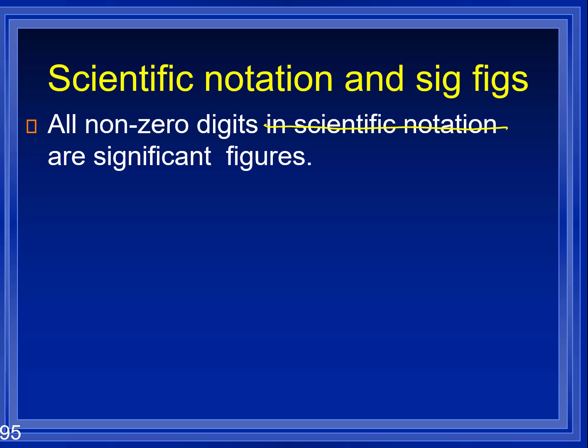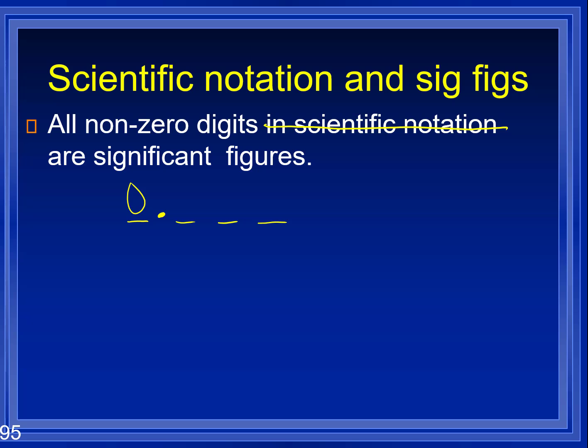Okay, but let's think about where the zeros would go in scientific notation. So I've got to start with one number and then things after the decimal point, right? Am I going to be able to put a 0 here in scientific notation? No, because it won't be between 1 and 10.